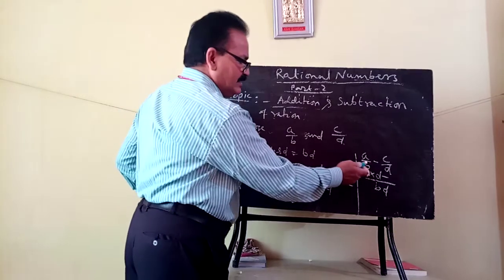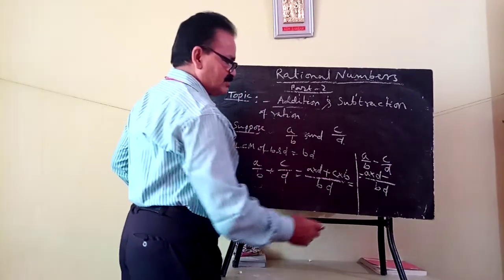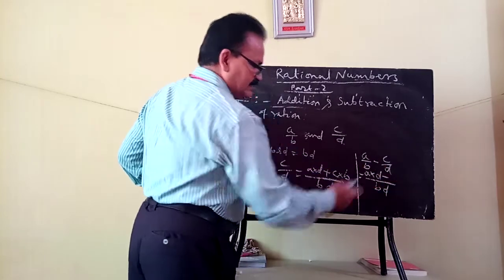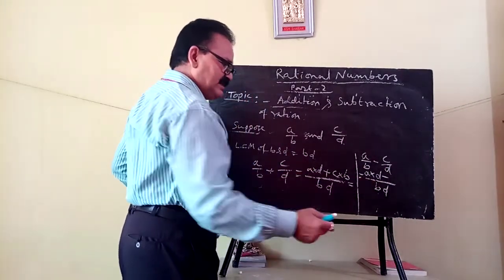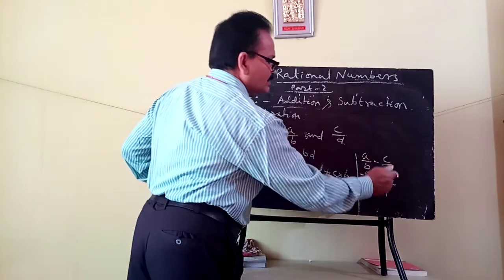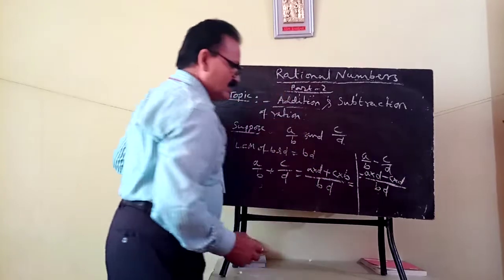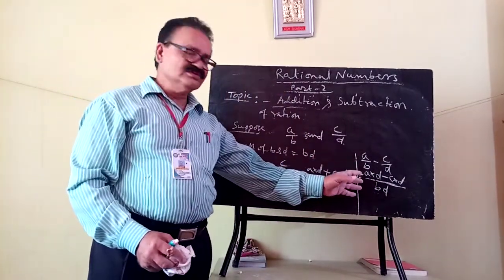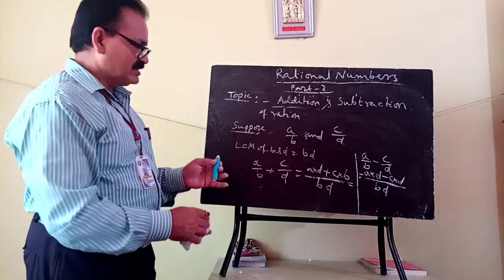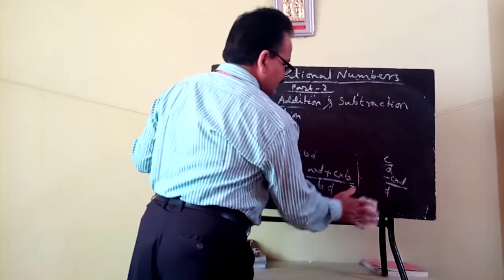In between A by B and C by D there is a sign of subtraction. Then you again divide the LCM by D. The quotient will be B. You multiply C into B. After that you simplify your values. So you will get it. Okay. You have got it. Now I will give you one example.